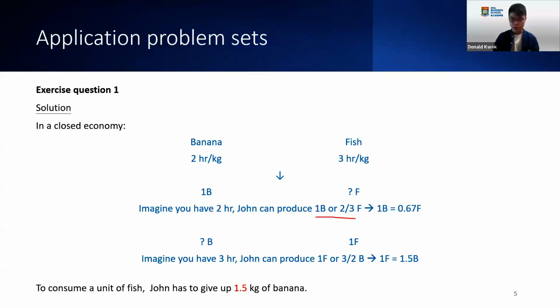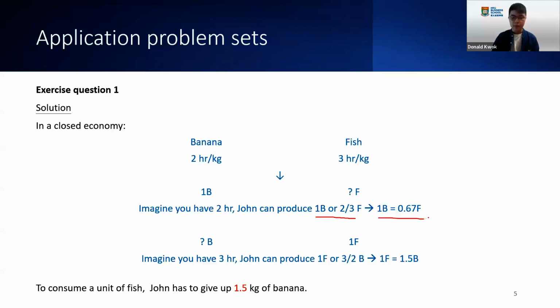If he only has 2 hours, he will produce 2 divided by 3 units of fish instead of 3 over 2. So this is how we can construct the opportunity cost relationship here: 1b equals 2 over 3 f, or equivalently 1b equals 0.67f.